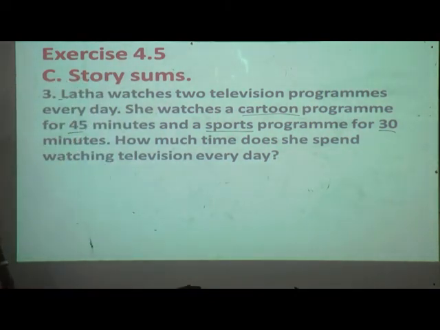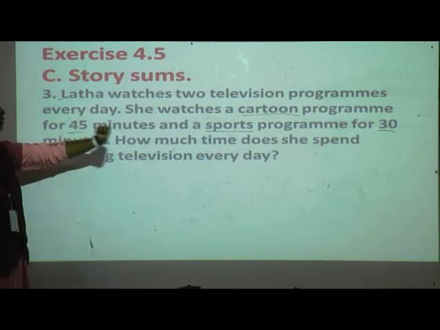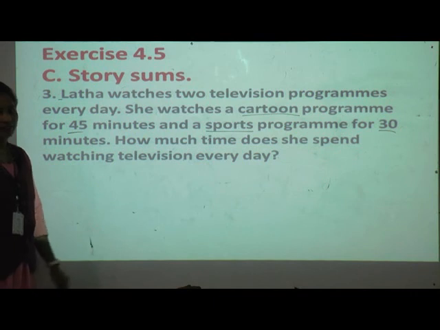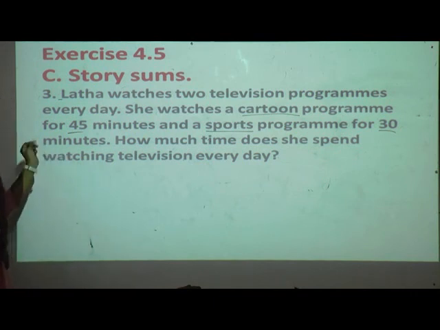How much time does she spend watching television every day? Lata, one girl is there, so she watches 2 television programs. You do watch TV? Yes, in the same day she watches only 2 programs every day. First one is cartoon for 45 minutes and the second one is sports for 30 minutes.